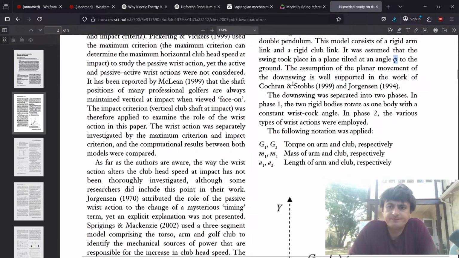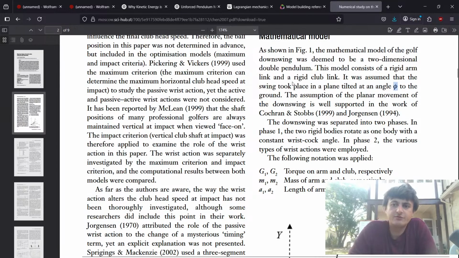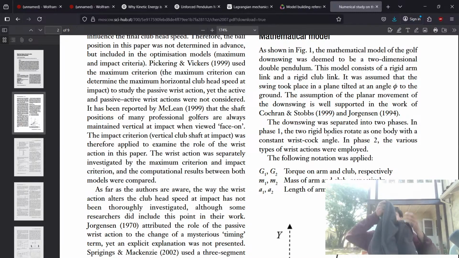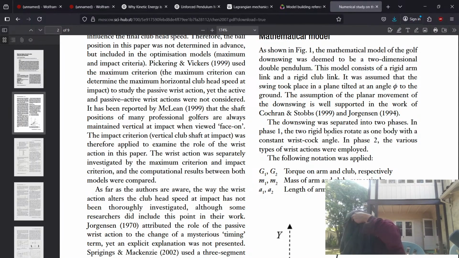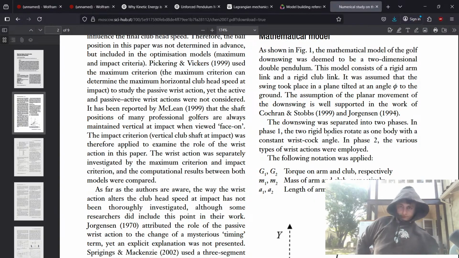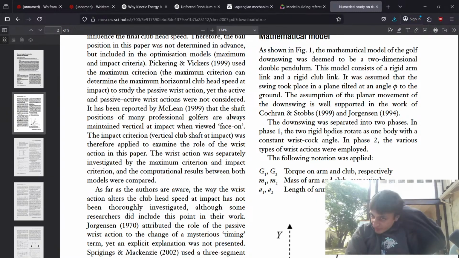The downswing was separated into two phases.